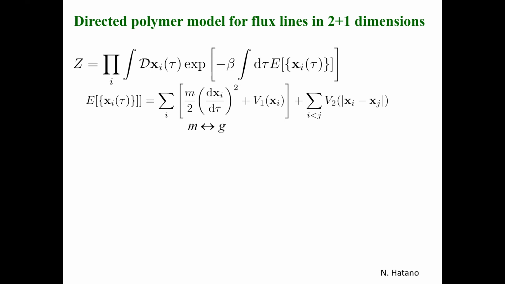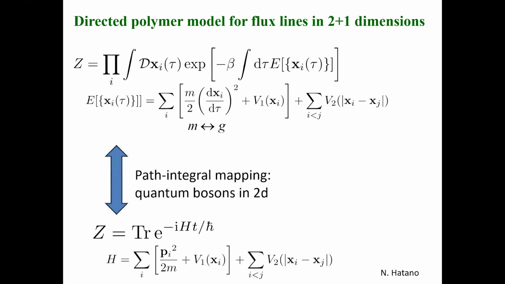And then this is now a new potential that has possibly a barrier, if I put on some sort of long repulsive column through these things that I'm trying to braid, perhaps. But it also has all of the interactions with the columnar pin. So both of these things, and then here's again this trick of taking a classical problem in 2+1 dimensions of classical polymers and mapping it onto quantum bosons in 2D.